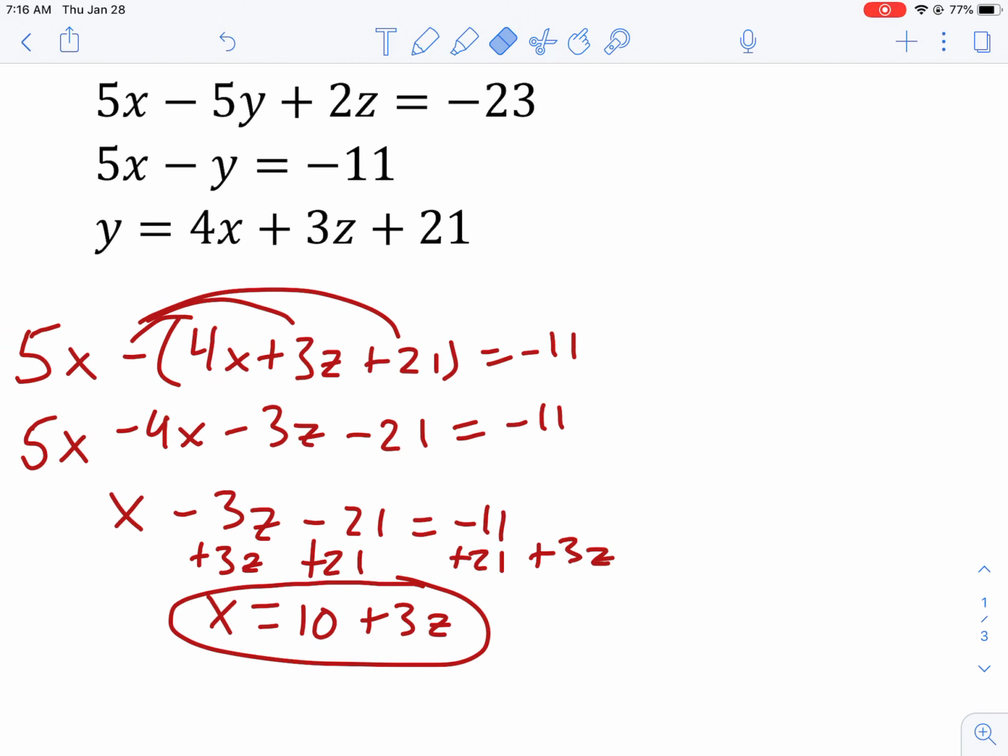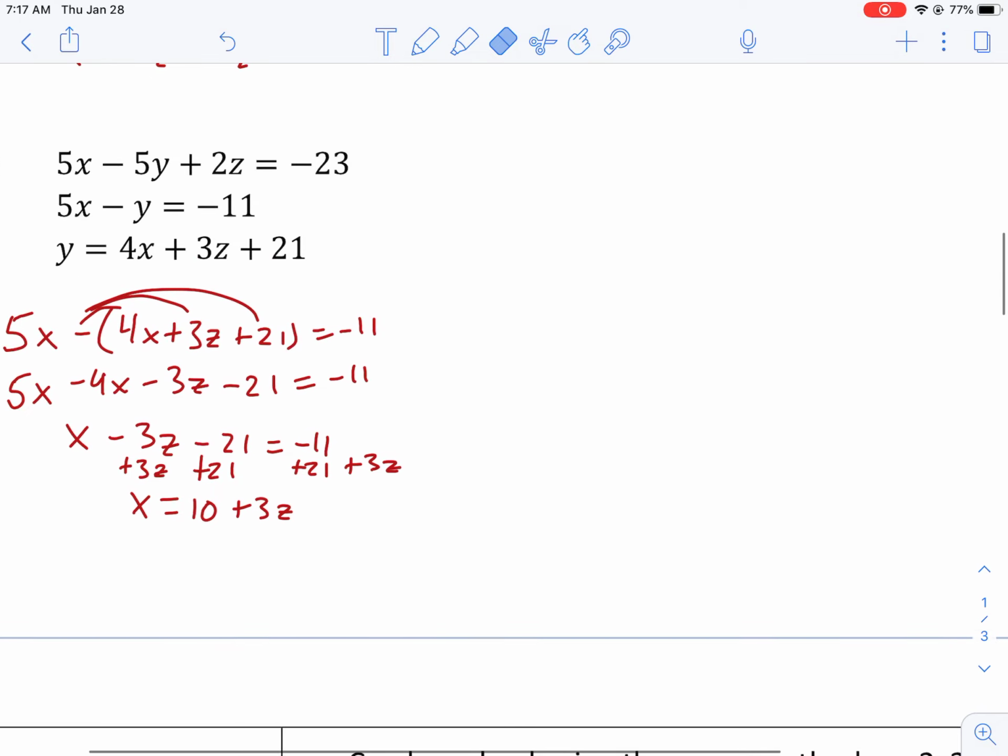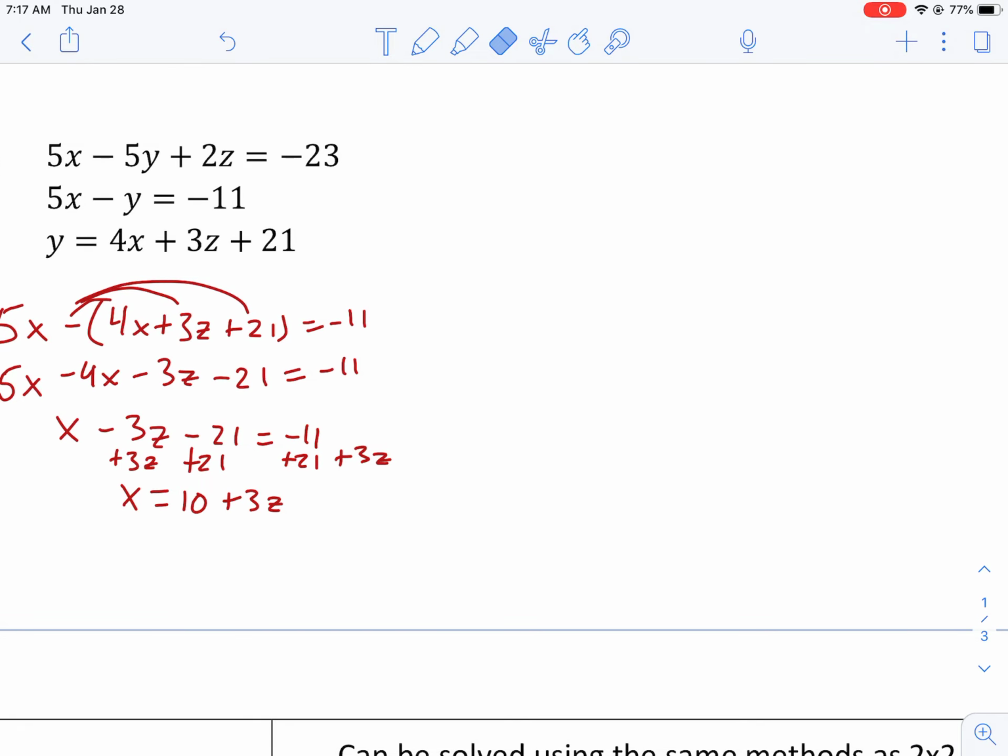And this is why you don't want to do substitution. When we do elimination, it'll be better. I think we need to get z in terms of x, not the other way around, not x in terms of z, because we have no way of getting y in terms of z. Actually, we do. I guess we just got to plug this into the top equation. I guess we got to plug both of them into the top equation. I think maybe we just didn't pick the right way of going about this.